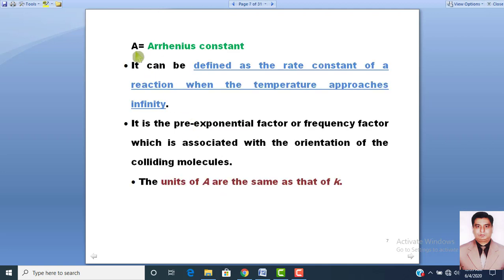While A is called the Arrhenius constant. This constant has been given this name after the scientist Arrhenius.